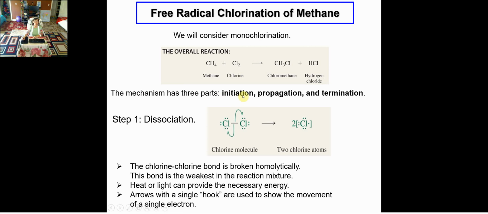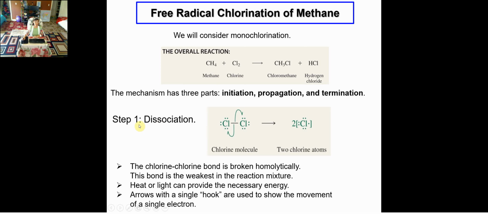Generally speaking, in a radical reaction, you are going to go through three key steps. The first step is called initiation. You need to initiate the formation of your radical, then propagation produces more radicals, and then termination. If your radicals react with each other, you terminate the reaction.